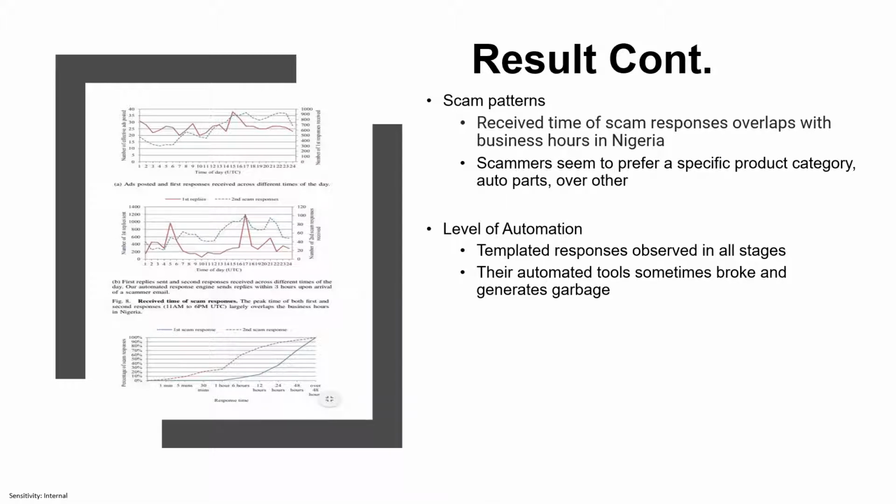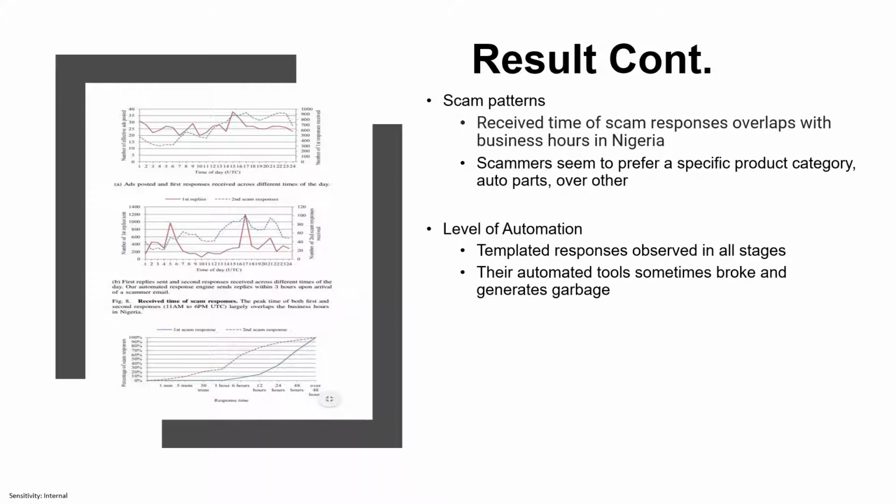They also discovered an interesting pattern where the scammers seem to prefer a specific product category, such as auto parts, over others. The reasoning for this observation has been left to be figured out in future works. One interesting question was whether the scam process was automated and to what extent.